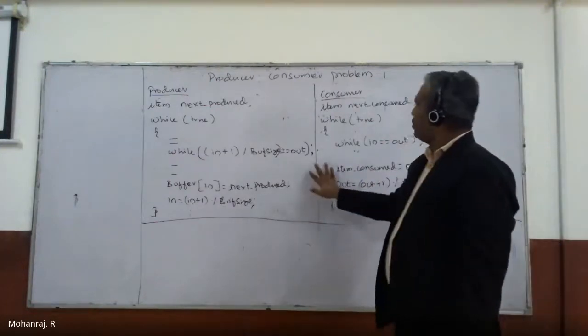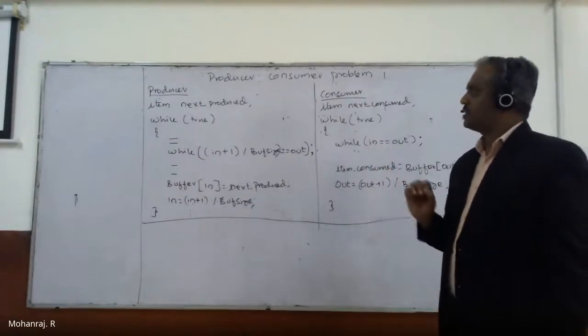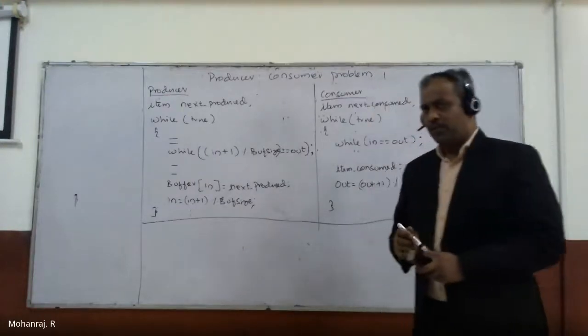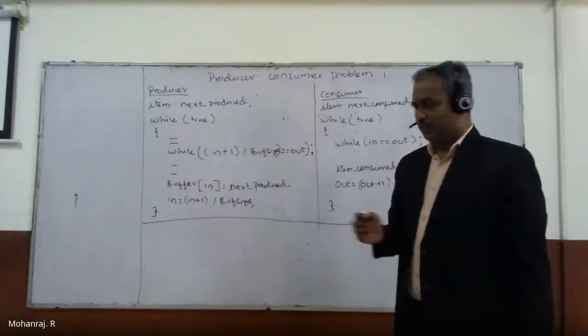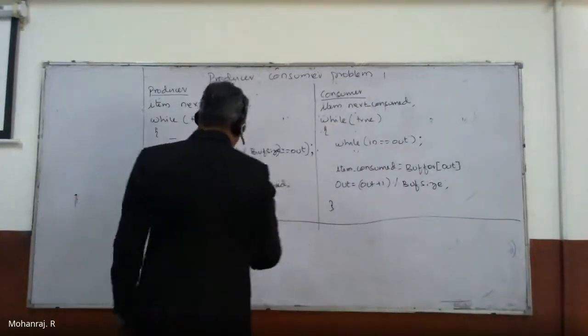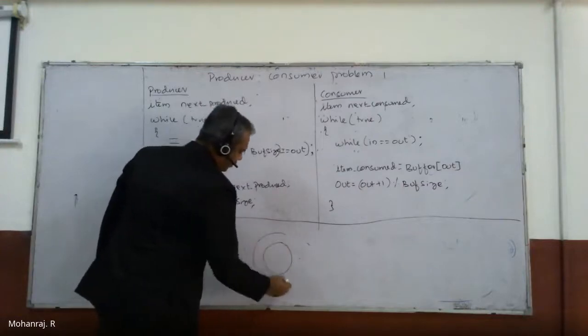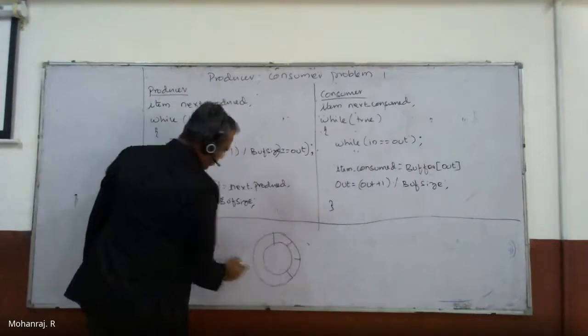And before going into even this, we should discuss the circular queue. Okay, I hope you are all aware of what a queue is. A queue is a first in, first out data structure. And now we are going to deal with the circular queue.